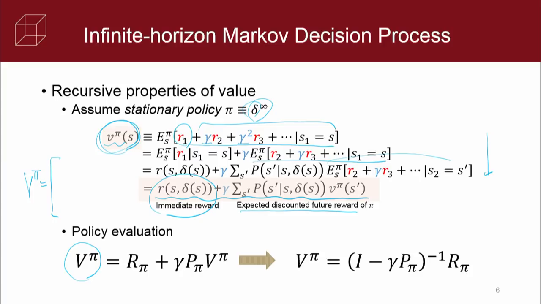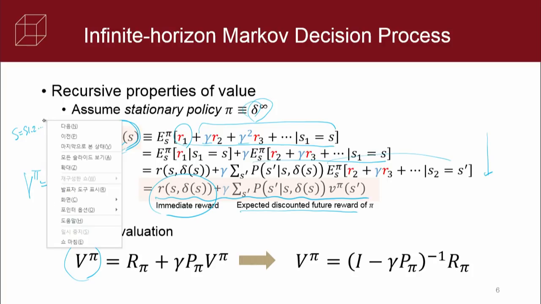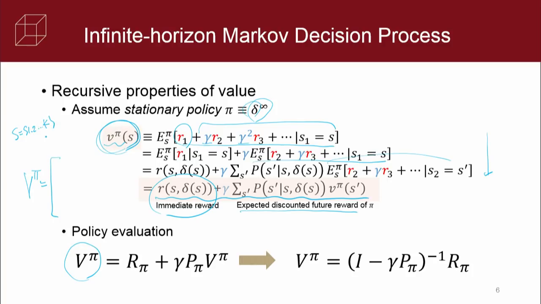So let's say the state space is 1, 2 up to, let's say, k. So the elements of the vector V pi are V pi 1, V pi 2, and V pi k. So that is the vector of the V pi.